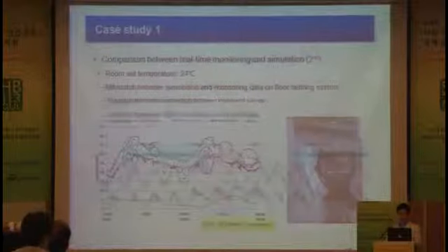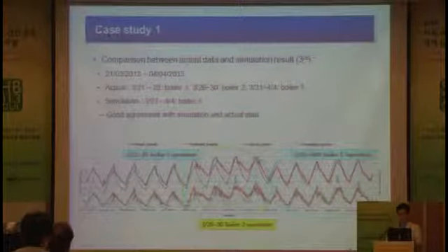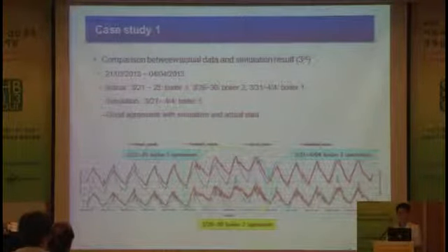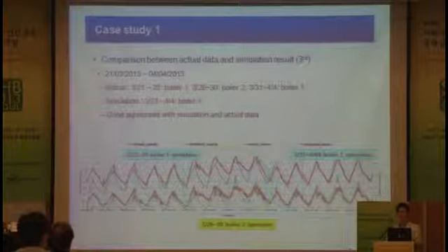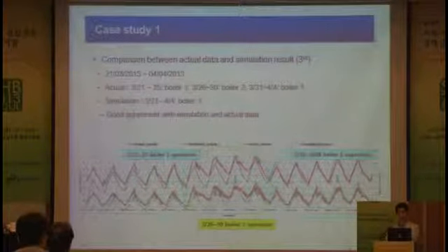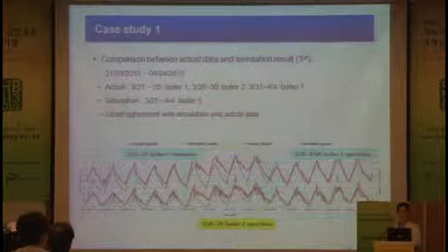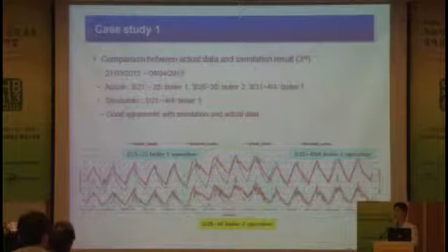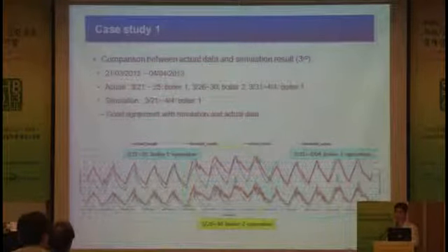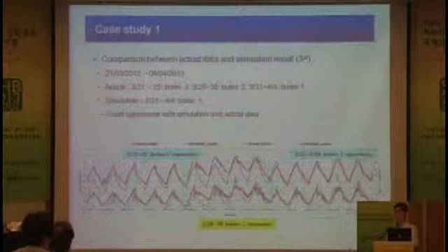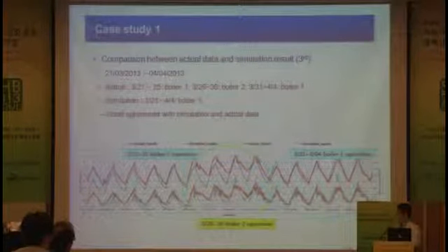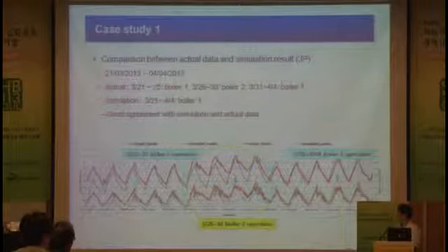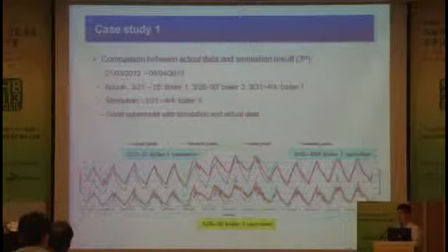While conducting this research, we can compare simulation result and actual data, so that we can go through with FDD, fault detection, and continuous commissioning as well. At the end of the comparison stage, we have a very good agreement between simulation result and actual data.